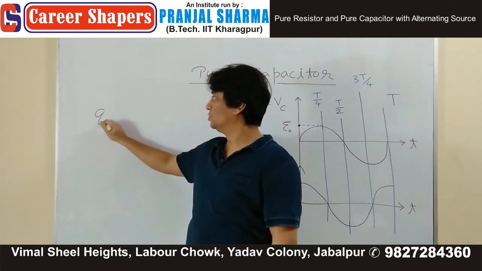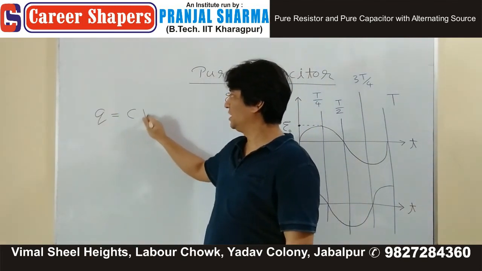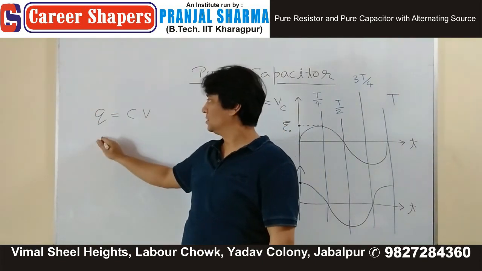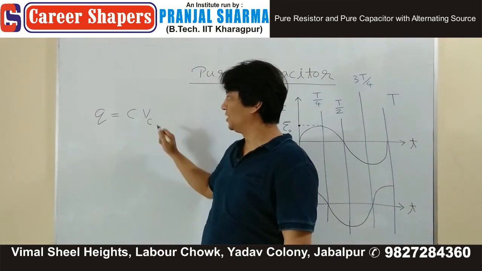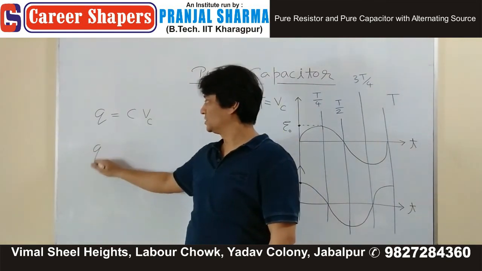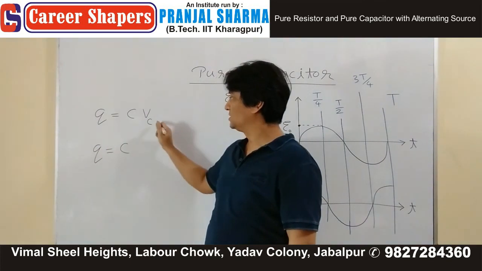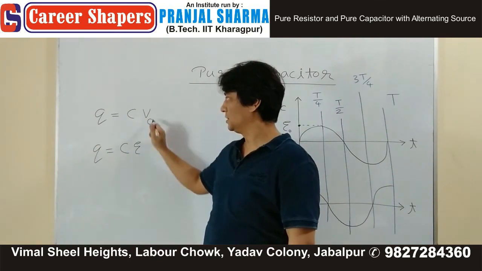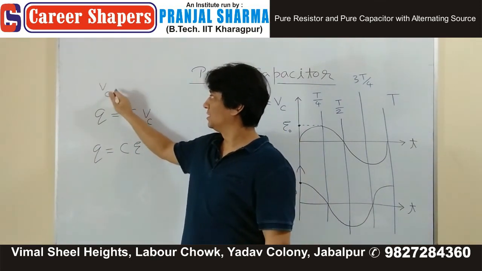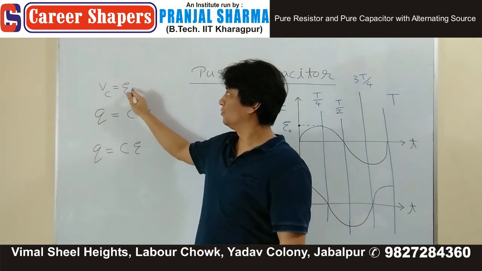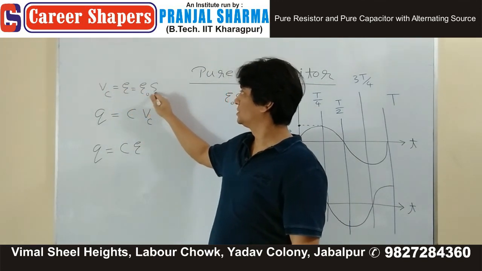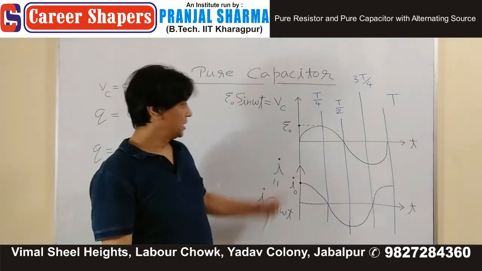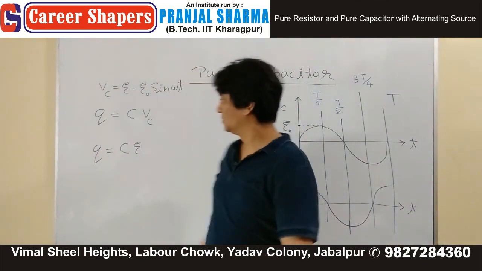So what was Q? Q was CV. We started from this. V means potential difference. What is this? VC. What is VC? VC is E, which is E naught sine omega t over here. What is Q?